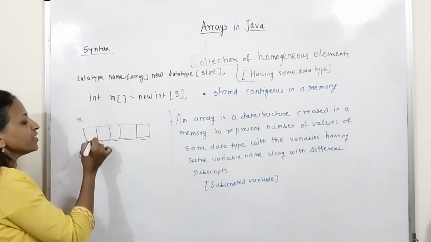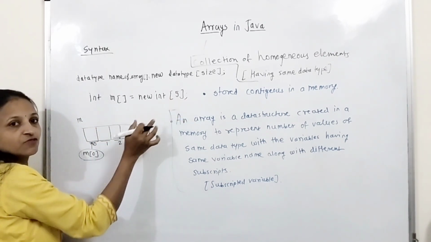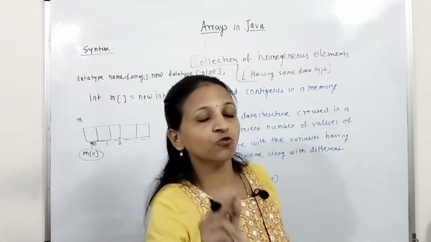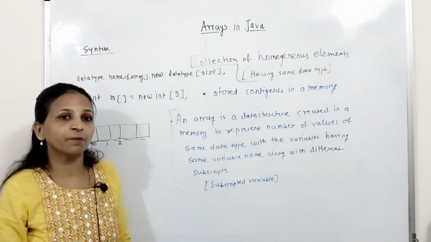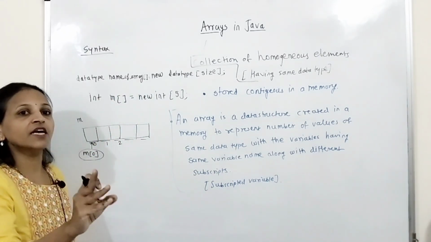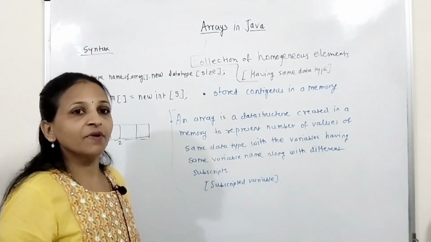Array index always starts with 0 and ends with size minus 1. Of course, here counting will start from 0. Always keep in mind, don't start counting array elements using 1 as the starting index. 0 is the starting initial index we have to use for array elements.